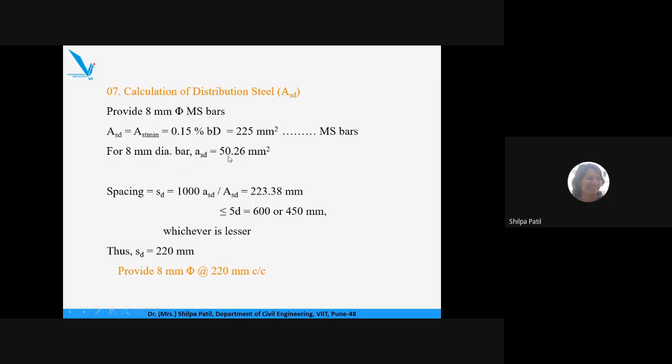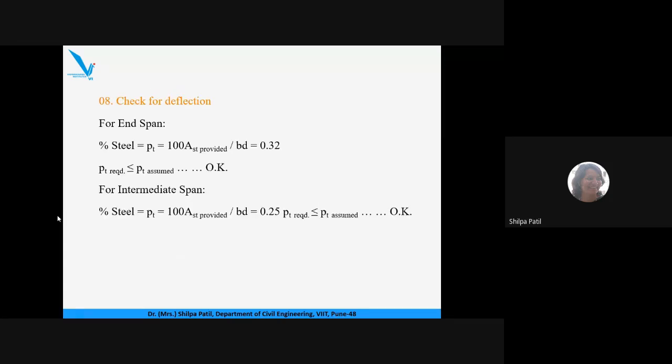The minimum whatever is required, accordingly the calculations are done. I will skip these steps because it is already 3:15 and I want to explain to you the diagram of detailing. These steps you can refer through the material I am going to upload on VLP, because we have already discussed the same things yesterday. Simply apply the formula.